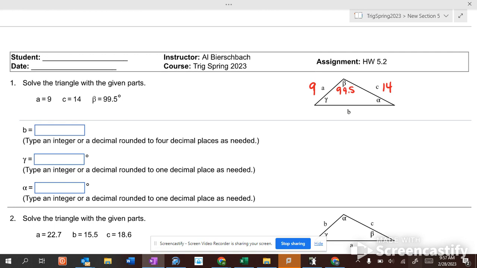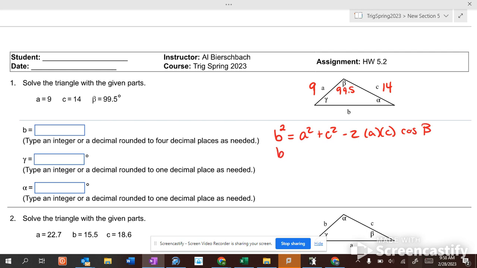What's the first thing that they ask us for? Side B. Okay? If you're looking for side B, you want to use the law of cosines that has B squared. Okay? Make sense? So B squared equals the other 2 squared minus 2 times the other 2 times the cosine of the angle.